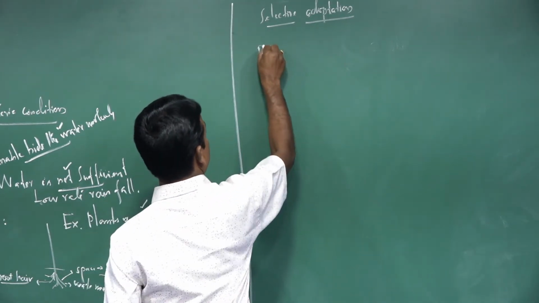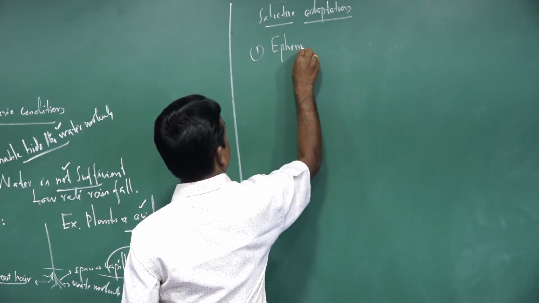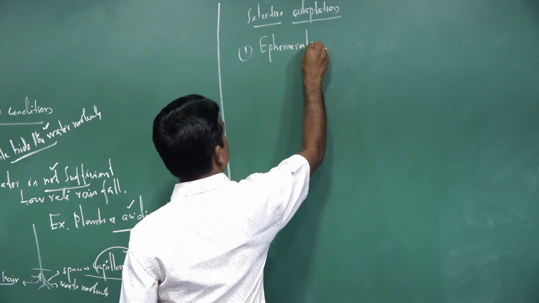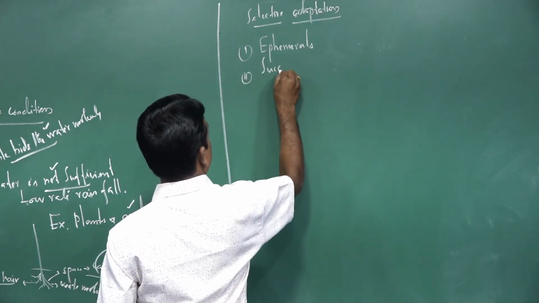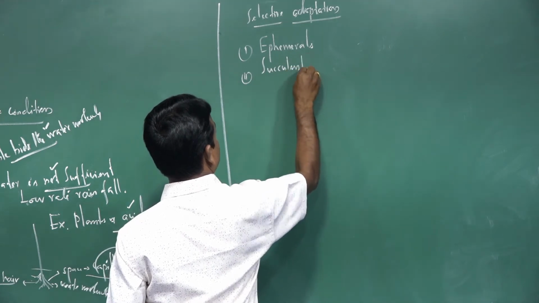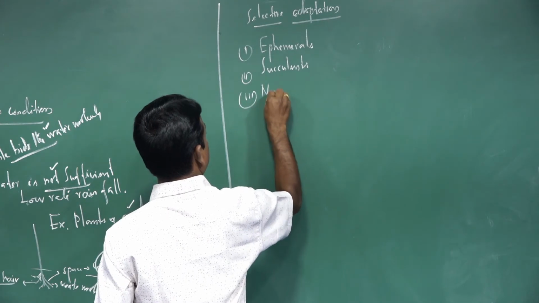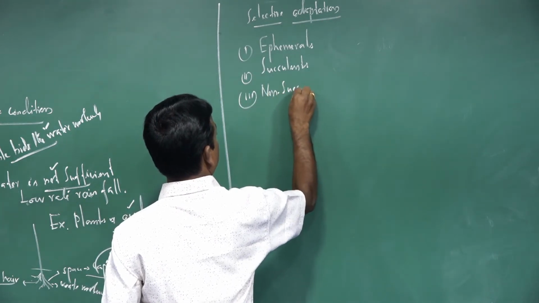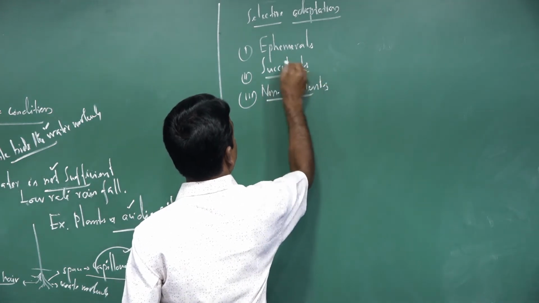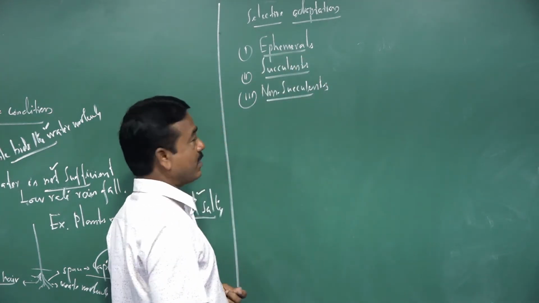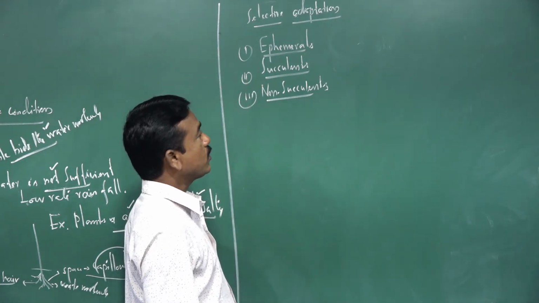Namely, first one, ephemerals. Second one, succulent plants. Third one, non-succulent plants. These are the three types of xerophytes classified based on selective adaptation.